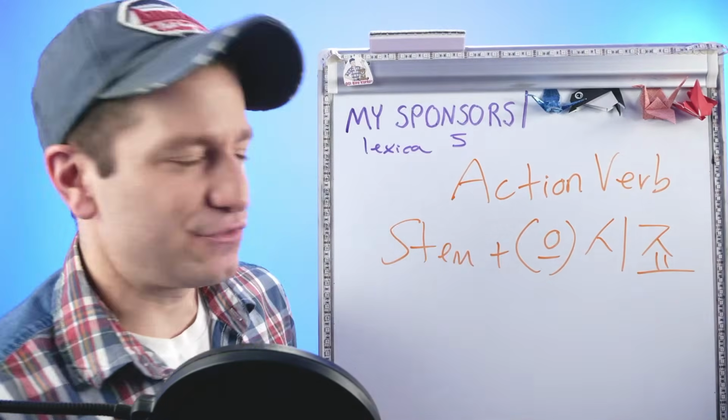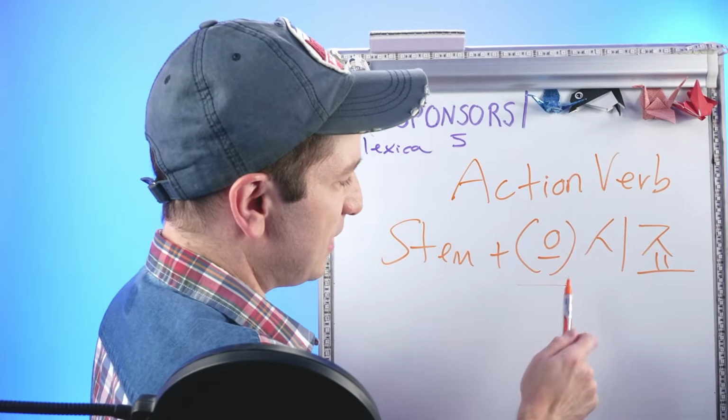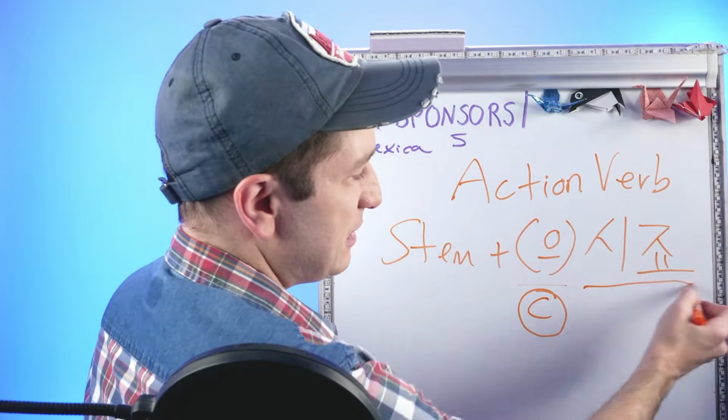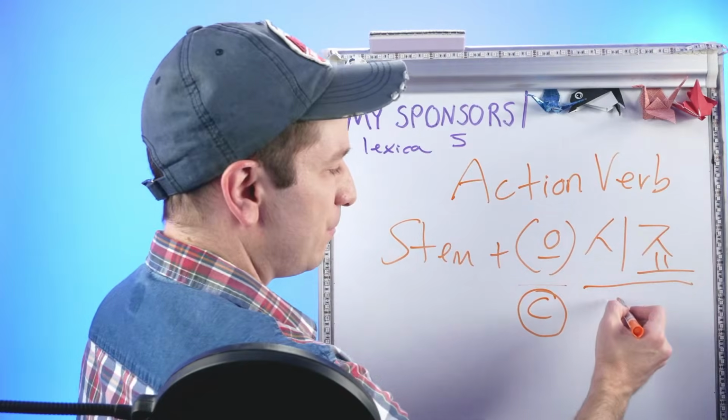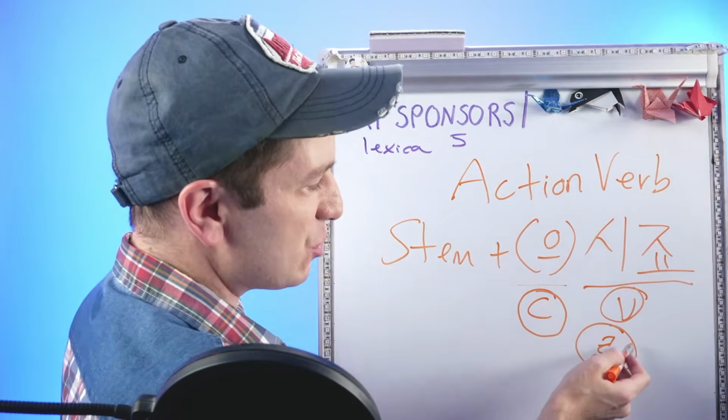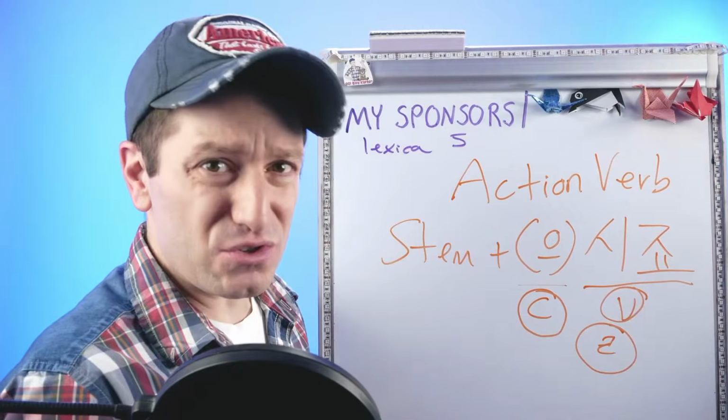If you take an action verb and you attach this if the action verb ends in a consonant, or just attach 시조 if it ends in a vowel, or again, if it ends in this letter, then you remove it and you also attach 시조. The rules are the same.